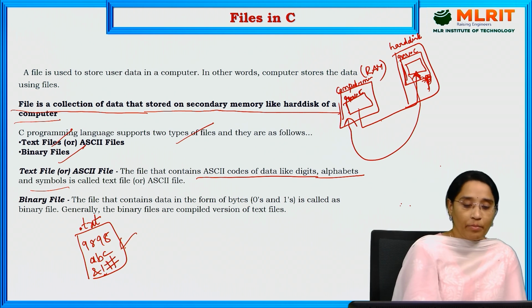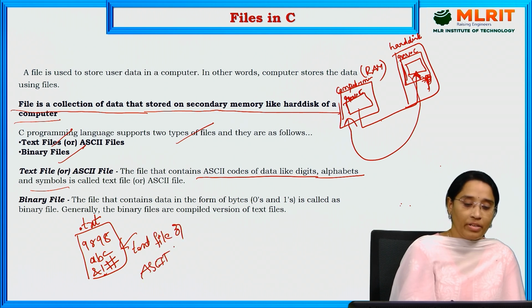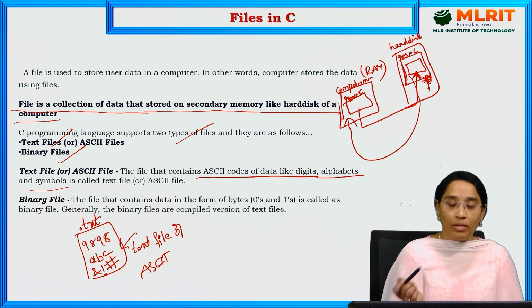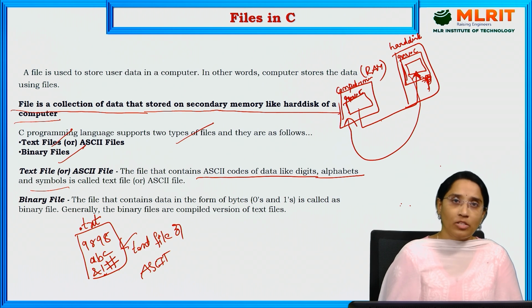That file can be called a text file or an ASCII file. Whatever data we have entered here will be converted into the equivalent ASCII value. This type of file can be considered a text file.